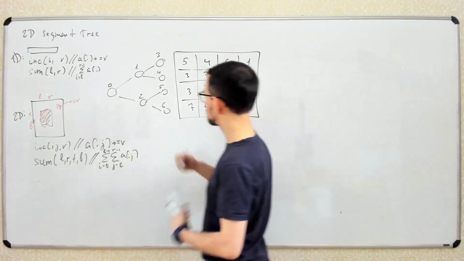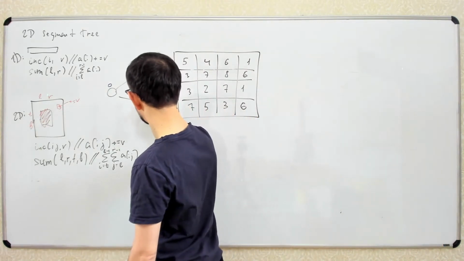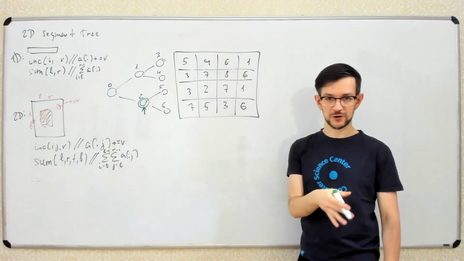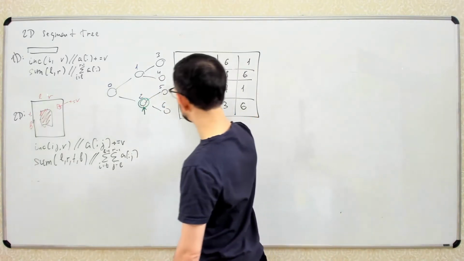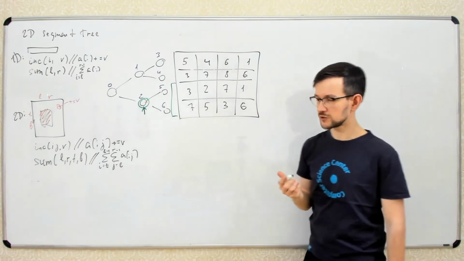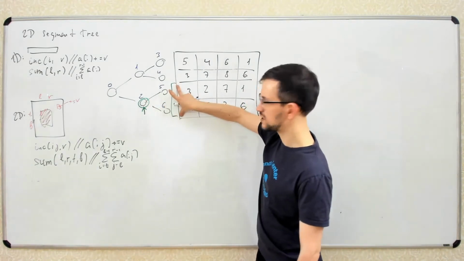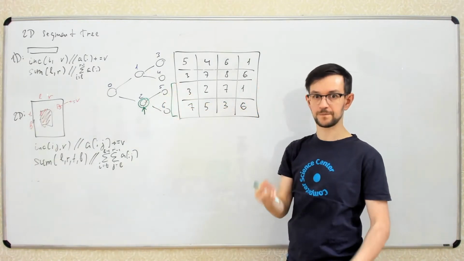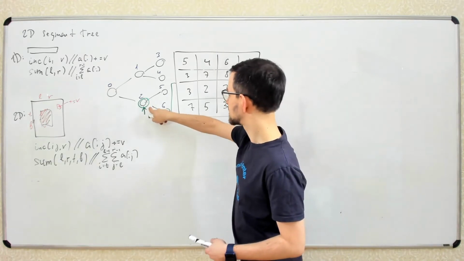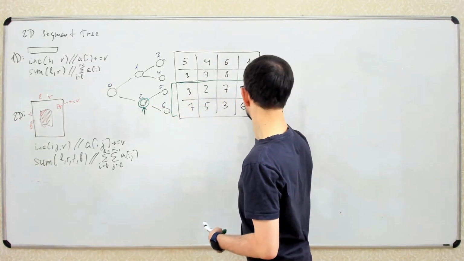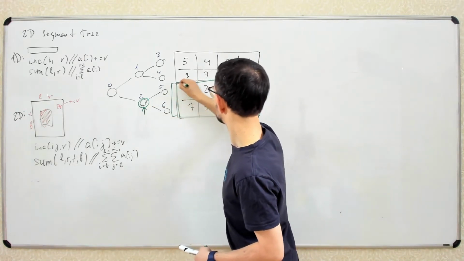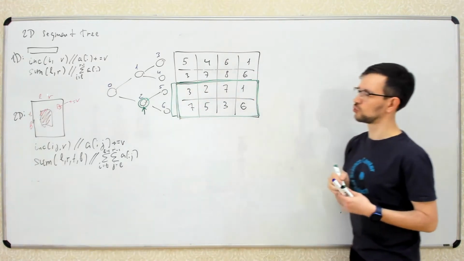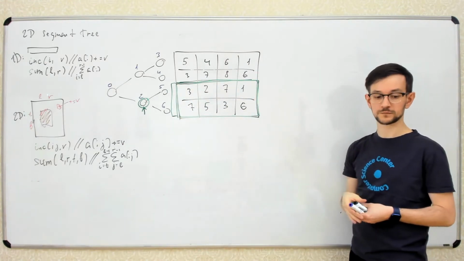For example, if you take this node of your segment tree, it corresponds to this segment of your array. So this node corresponds to these 2 rows of your array. Basically, this element corresponds to this strip of your array. So it corresponds to these 2 bottom rows of your array.